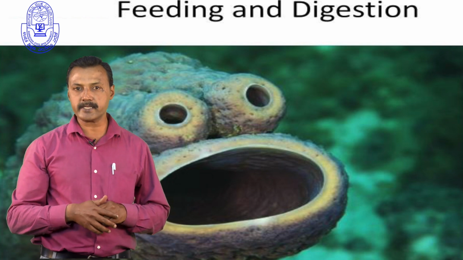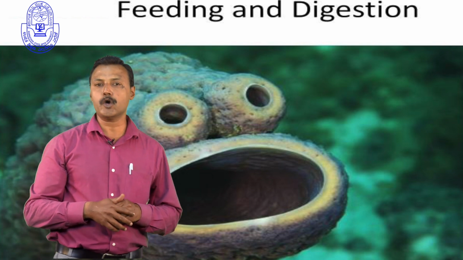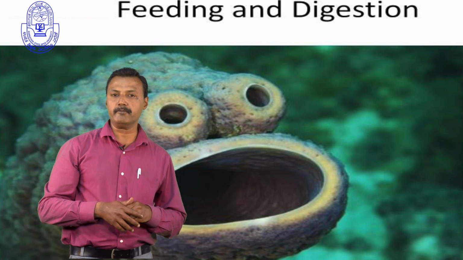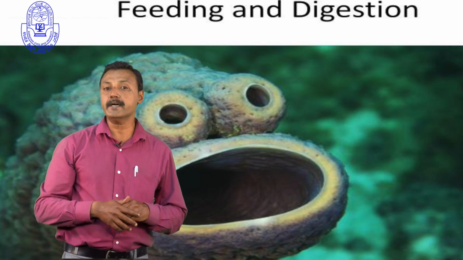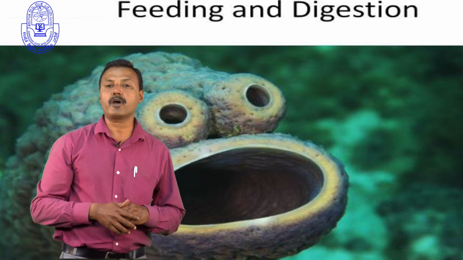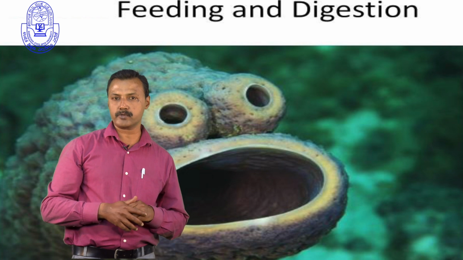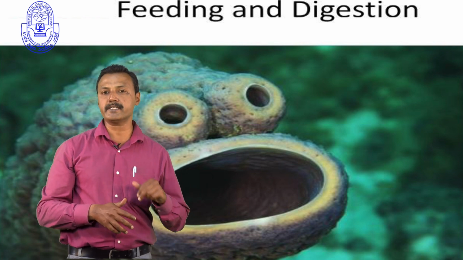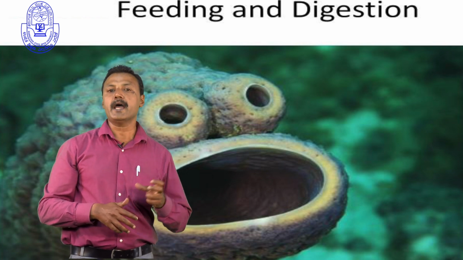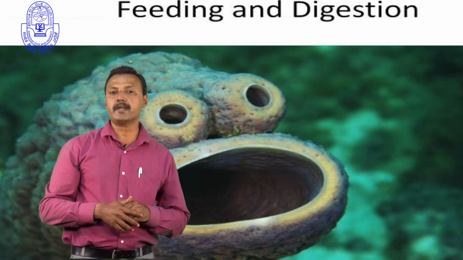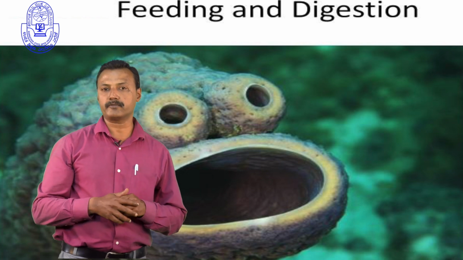The digestive enzymes found within the choanocytes act on the food vacuoles, and the digested particles are transported to the amoebocytes, and these amoebocytes help in distributing the digested particles to the various parts of the body.